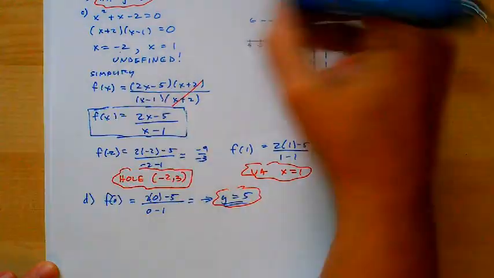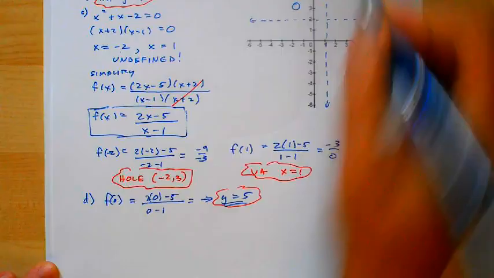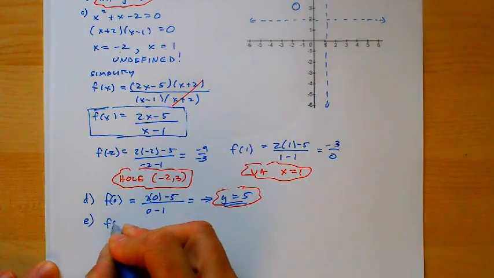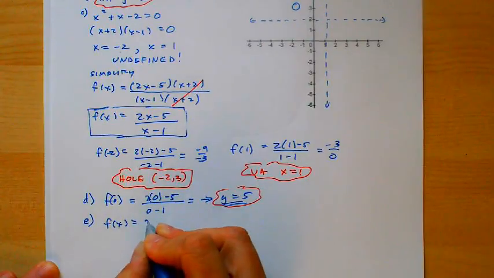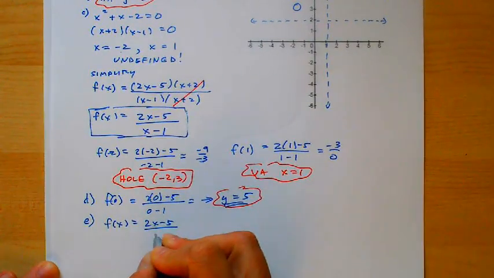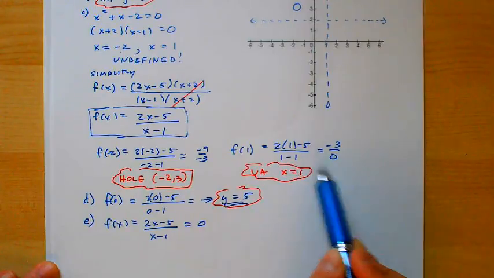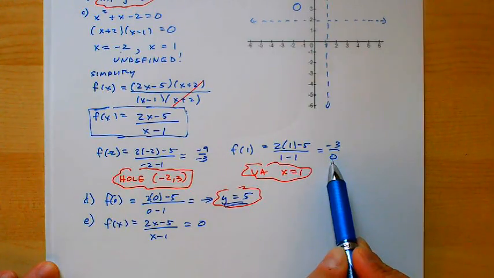Boom! There you go. And for the x-intercept, well, we've learned in the past, of course, to set the function equal to 0. If you think about that division, we definitely don't want the denominator to be 0. We know we did that up here and it was undefined, very bad.